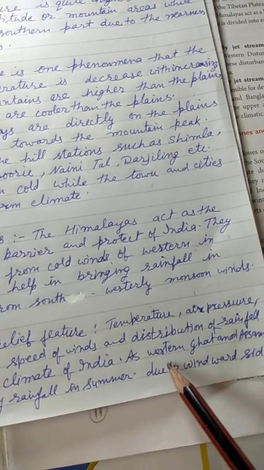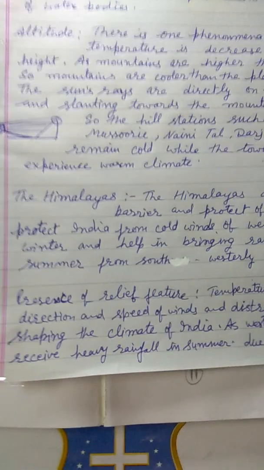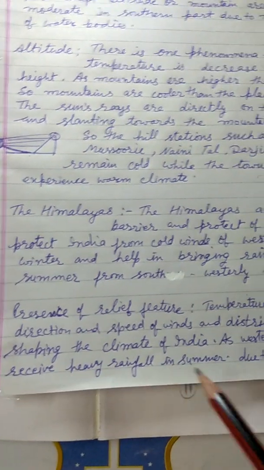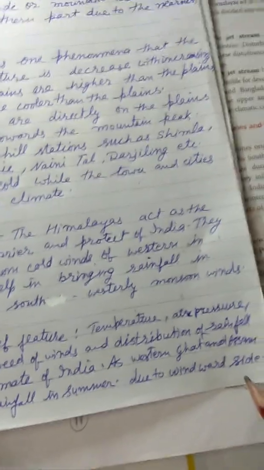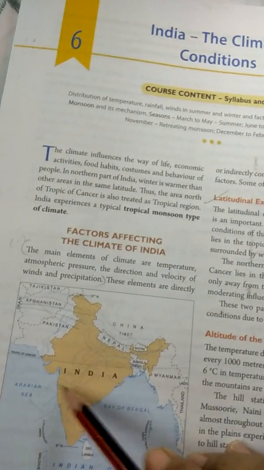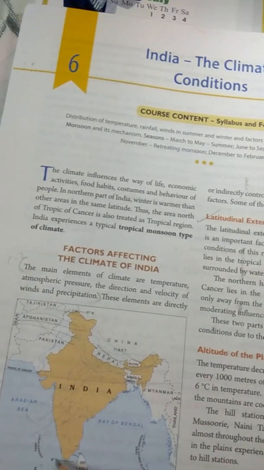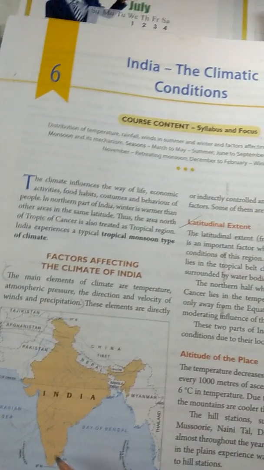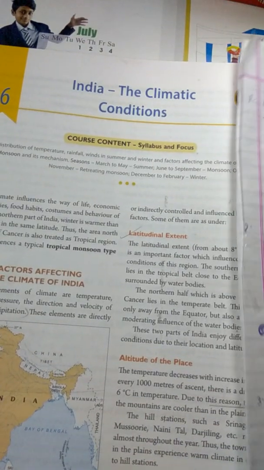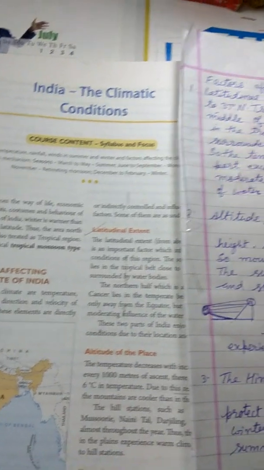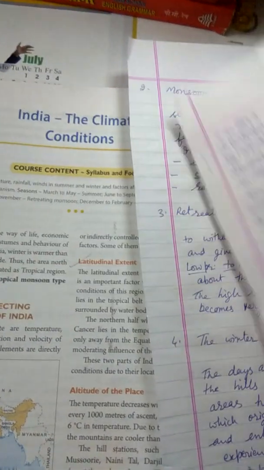The Western Ghats and Assam receive heavy rainfall in summer due to the windward side. Wind comes from here and then gives rain. These are called the windward side and leeward side.